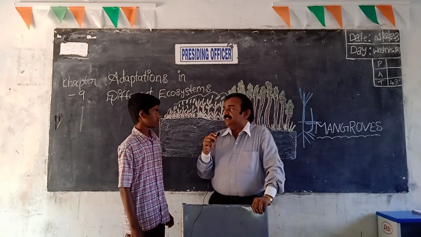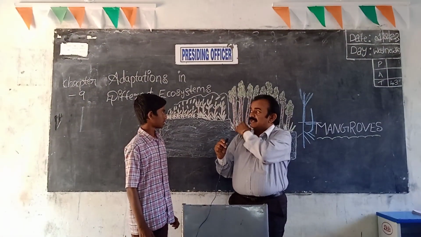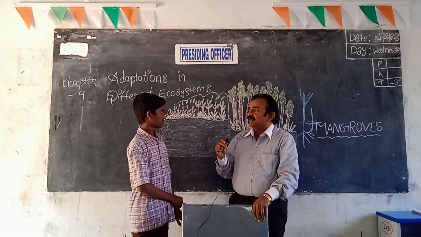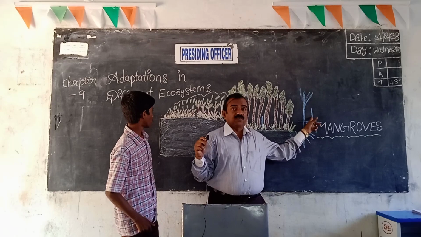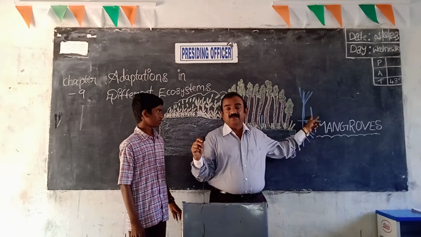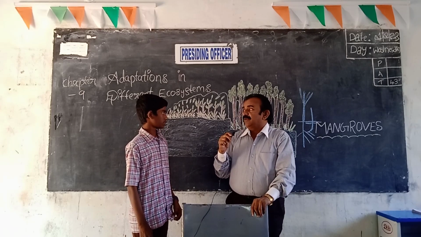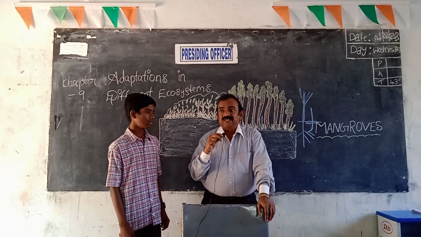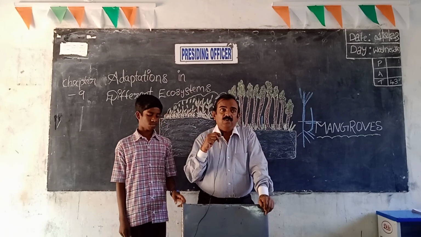And name the roots which these plants produce upwards. They become aerial. What is the name we have given? Pneumatophores. They are called pneumatophores, or aerial roots, or breathing roots. With the help of breathing roots, they perform respiration. So these are the adaptations we generally see in mangrove plants.